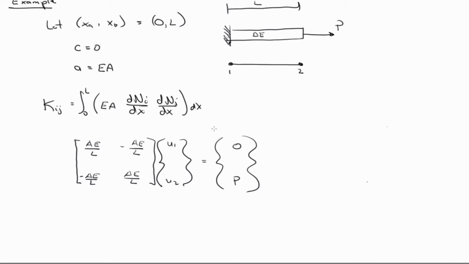But if U1 is a fixed value, non-zero, then you should make sure that the column terms are zero. We can also change the zero value in the right-hand side to the value of U1. So if U1 is 5, then this should read 5 right there.